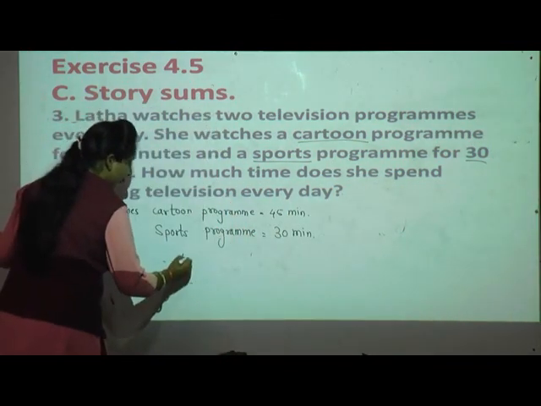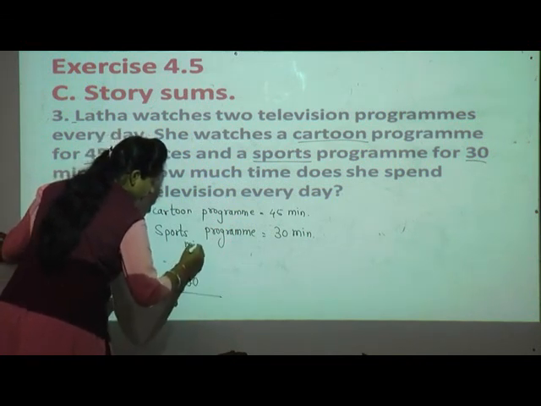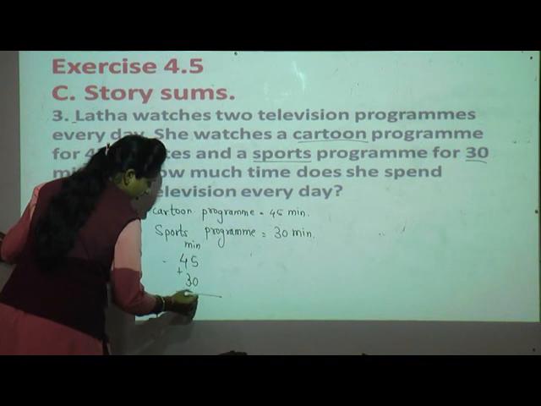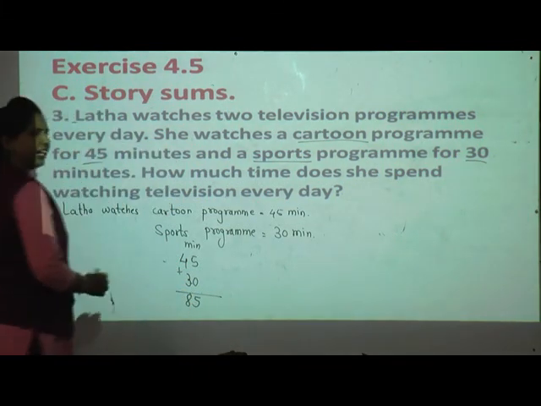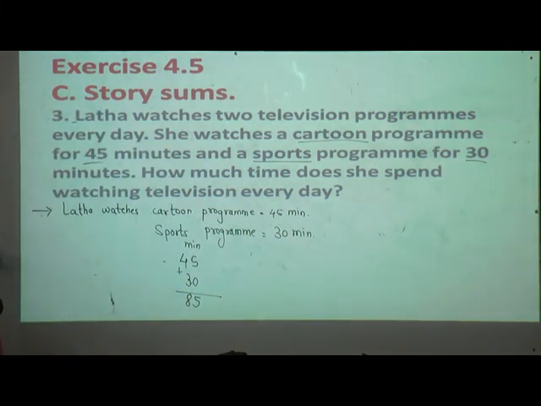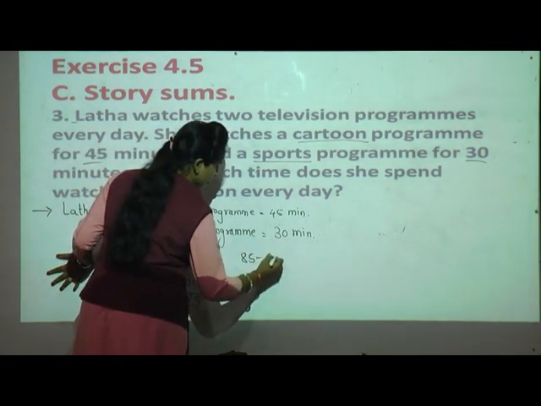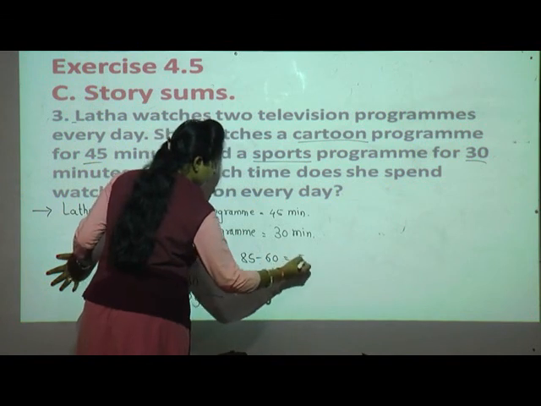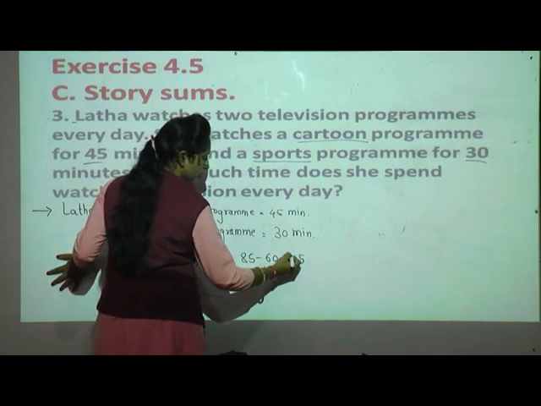We have to add both. When we add this both, these are the minutes. 5 plus 0 is 5, 4 plus 3 is 7, so 75... Now see student, 85 minutes is correct answer? No, 85 minutes is more than 60, so we need to convert into hours. So when we subtract 85 minus 60, 5 minus 0 is 5, 8 minus 6, yes, tell me, 2.